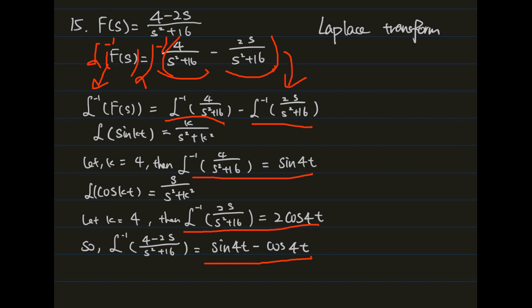Because you take a Laplace inverse on both sides, but then you split into two Laplace inverses. So how can you do this? Which property makes you able to do this?